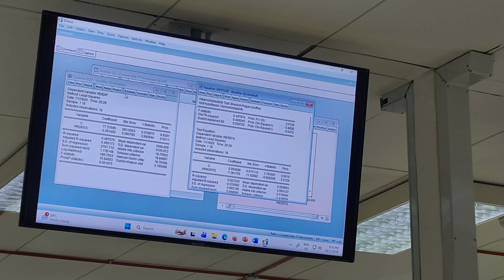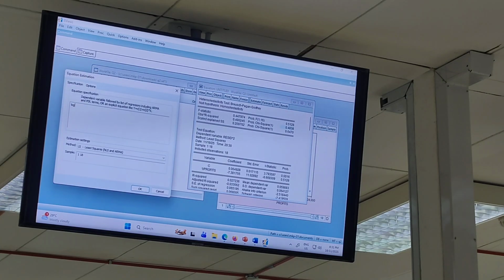Okay, so if you use log, then log of... Okay.